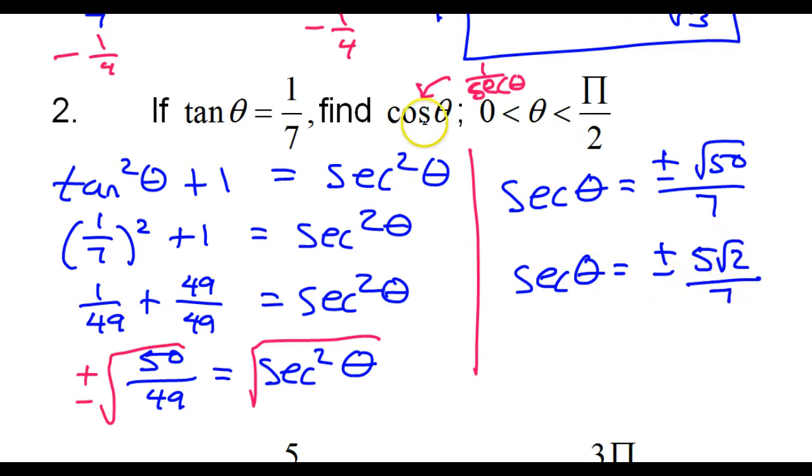But we wanted the cosine, so that's going to be the reciprocal of this. So cosine is going to be plus or minus 7 over 5 radical 2.